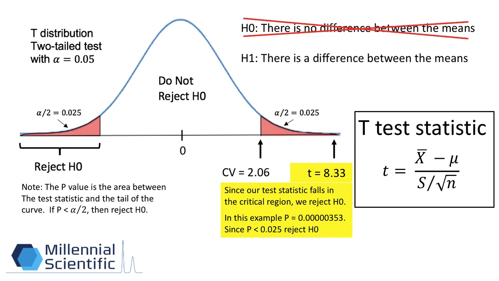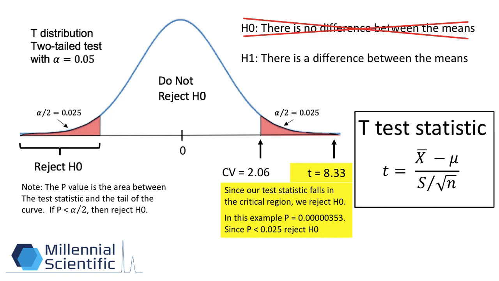In our case here, being that our test statistic falls in this critical region, in this extreme end, that states that we have enough evidence to reject the null hypothesis, or say that we are rejecting the fact that there's no difference between these means.